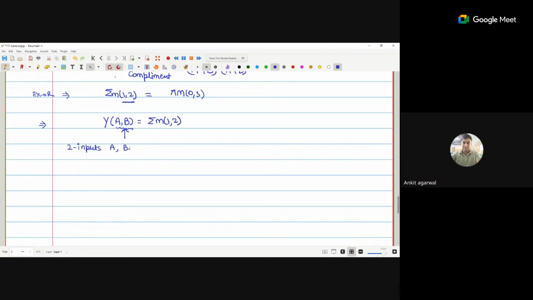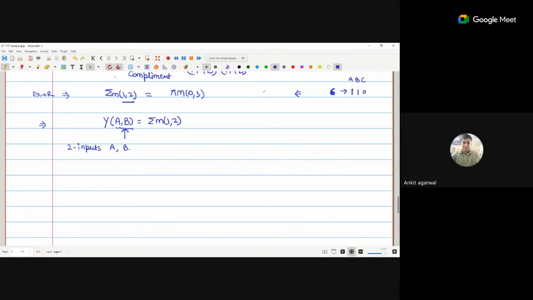But along with the input, one important piece of information is also required: which input is the MSB and which input is the LSB. Why? Because, for example, we have the number 6. If I convert this number 6, it becomes 110. Now, if the input sequence is A, B, C, what is the minterm?